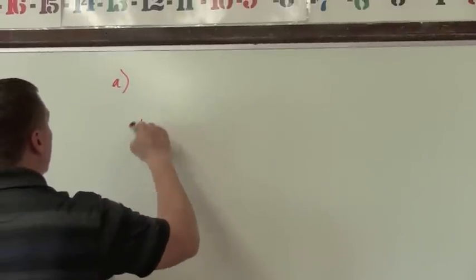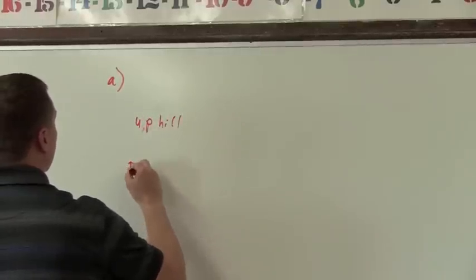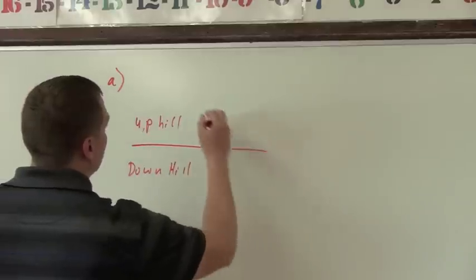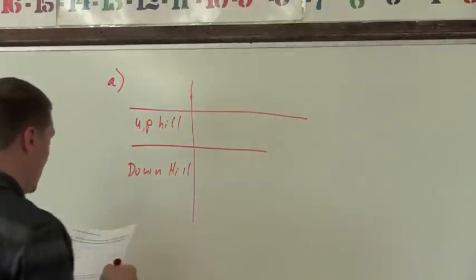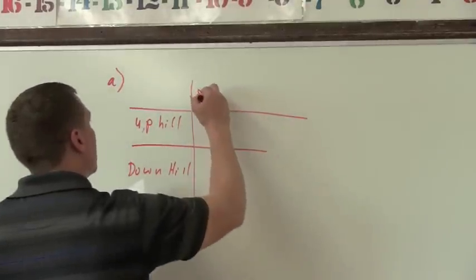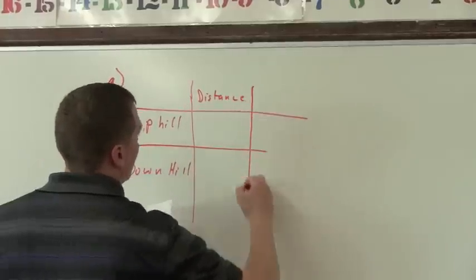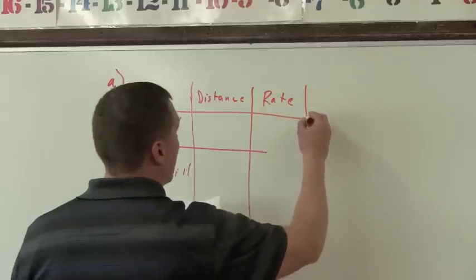So we have uphill and we have downhill. We have distance, we have rate, and we have time.